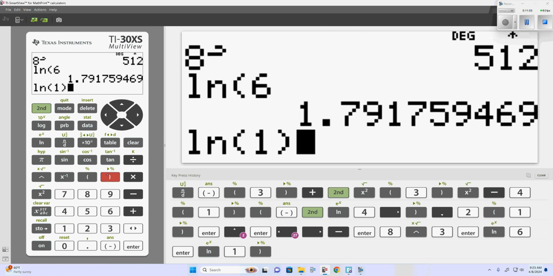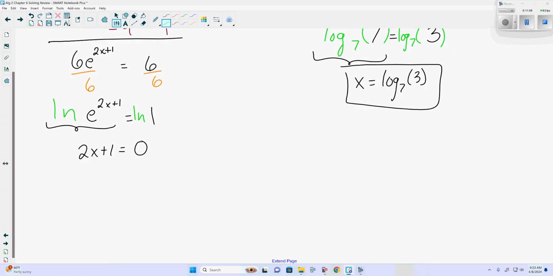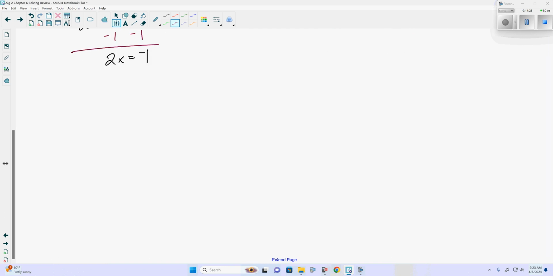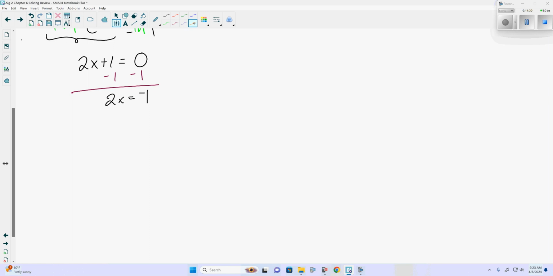just for kicks, because it's not going to be a nice number. Well, it is, yes. It is. 1's the only one besides the number itself, but that's not going to show up on the test. So we have ln of 1. Now we just need to solve for x.